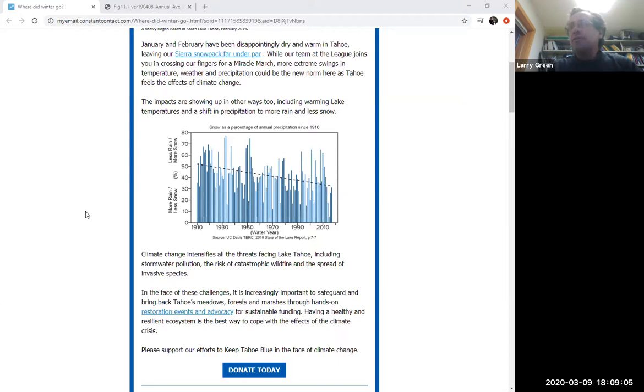So any questions about looking at this before we look at it a little bit further? Any questions? Okay, and by the way, it's not necessarily about being in Tahoe, but why do you care what the percent of snow versus rain is in Tahoe if you live in California?